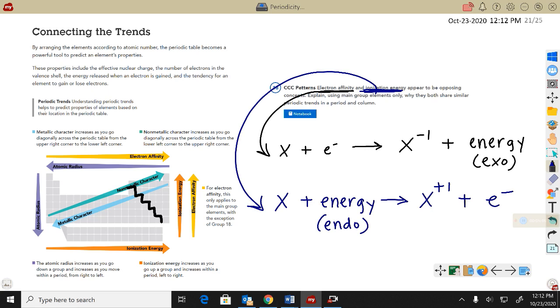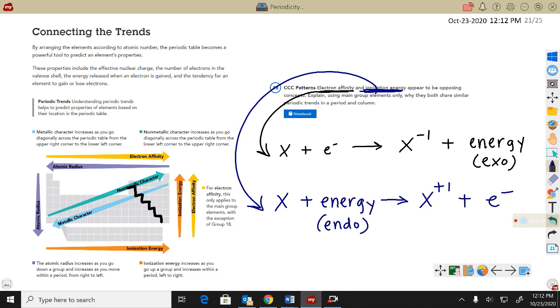But now if we look at the main group elements, which basically means the S block and the P block, because the D's don't follow trends great, and obviously the F orbitals on the bottom are atoms that are highly unstable and radioactive. So main group refers to the S block and the P block. Why?